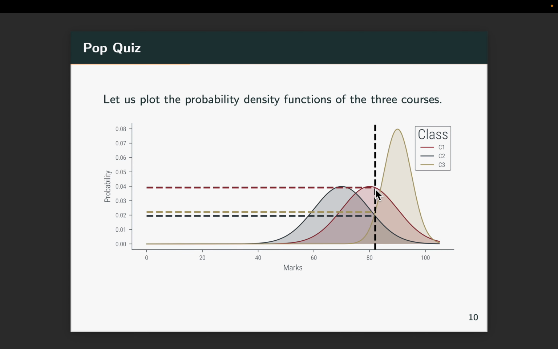The probability of getting an 82 marker from class C1 is highest amongst the three classes because the values in this graph seem to be the highest. So therefore, most likely this person is from class C1, but there is a lot of probability it could be from the other classes also, non-negligible probability. Right? Questions on this?